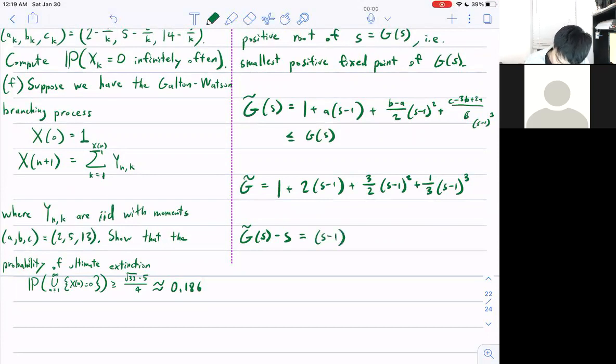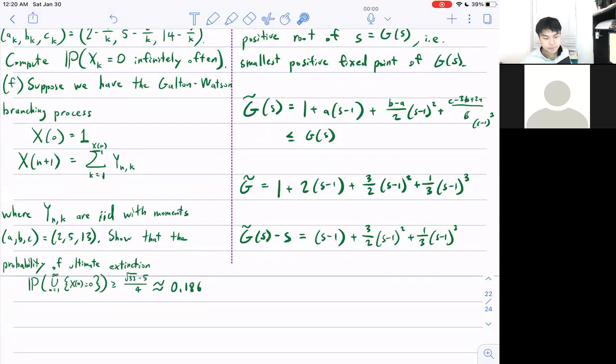I'll explain in one second where I got that. It's because this expression right here, 2s minus 2 plus 1, will be 2s minus 1, minus s gives me s minus 1.